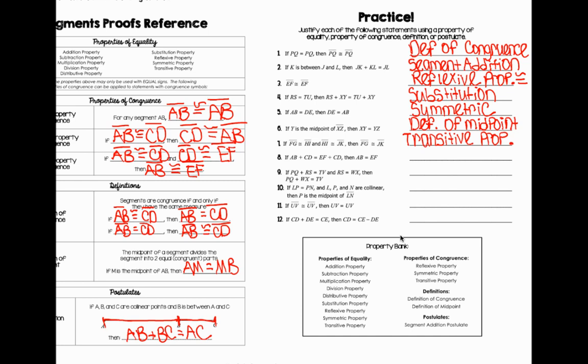So that is your substitution property because you're substituting an equivalent value. If PQ plus RS equals TV and RS equals WX, then PQ plus WX is equal to TV. So this one is also going to be substitution property.